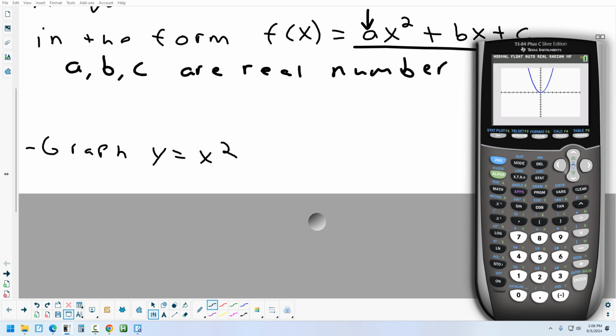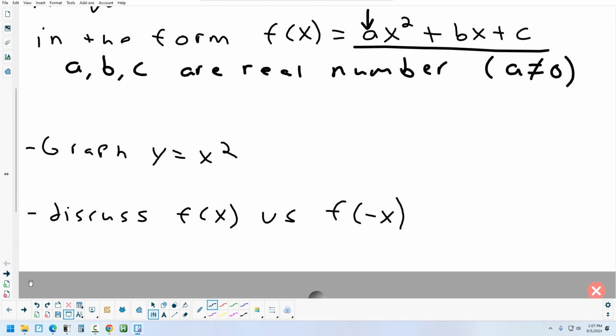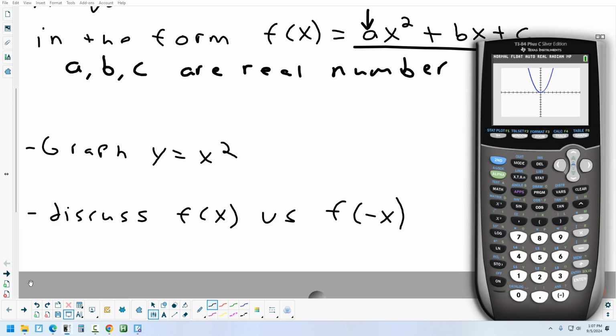So there's our graph. That is a quadratic. Can someone remind me what that shape is called? Yep, that's a parabola. Good. Now I want to do something to that.